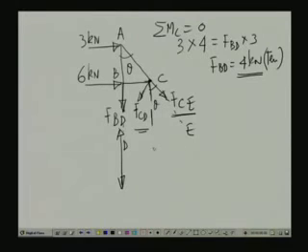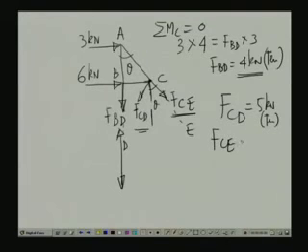Thereby the value of FCD we will get as 5 kilonewton, and this is a tensile pull, and the force FCE we will get as 10 kilonewton, which is a compressive force.